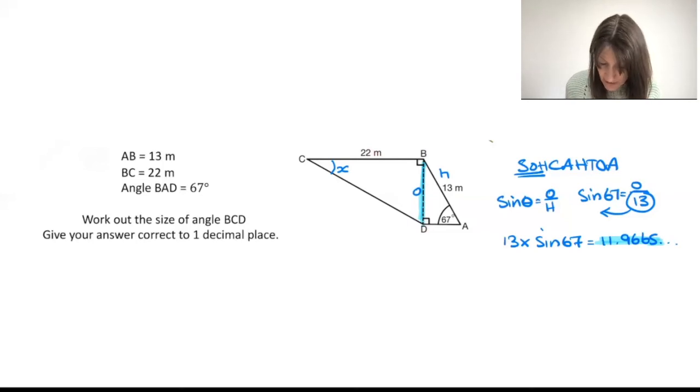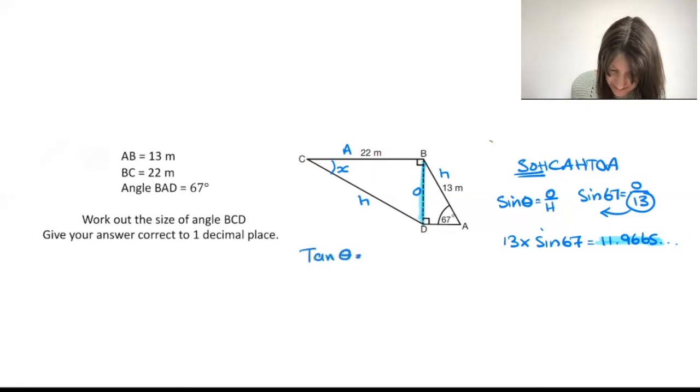All right, so I've got opposite again, so I haven't got to relabel that. That's really handy. And then I've got my H over here and my A. So for this question, it is O and A, so it's going to be tan this time. So we've got tan theta equals opposite over adjacent.